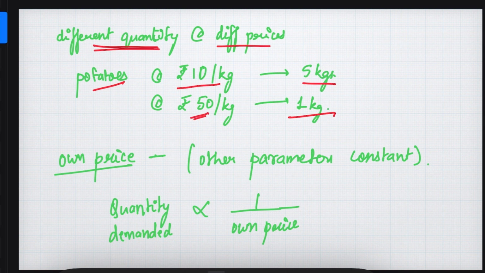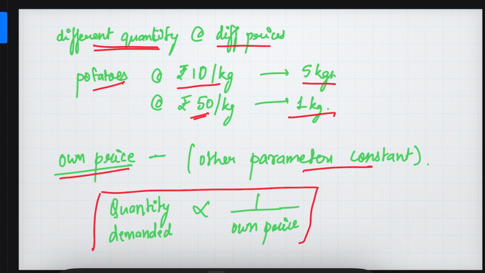While considering the law of demand, we consider the own price of the good that we are talking about, and other parameters are considered constant. So according to the law of demand, the quantity demanded is inversely proportional to the own price.